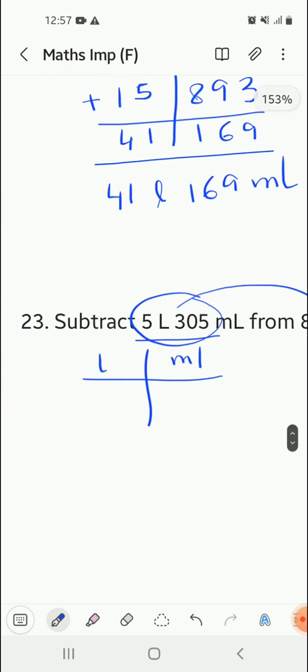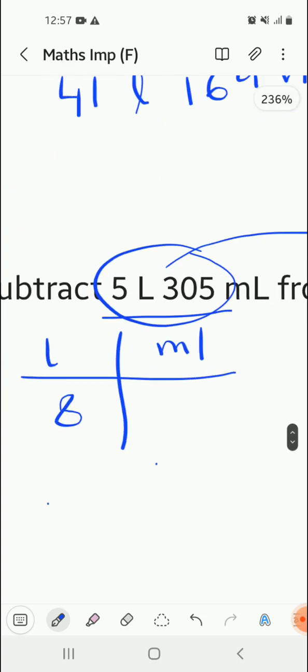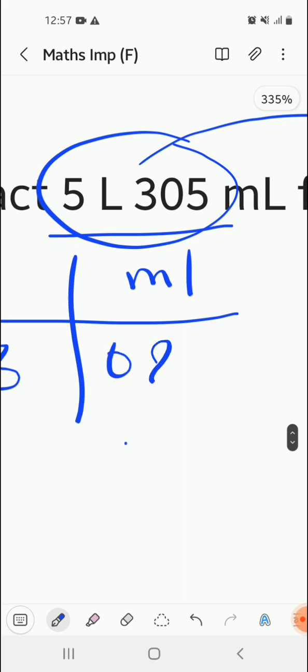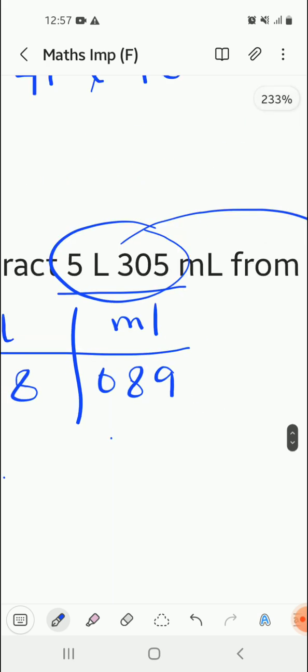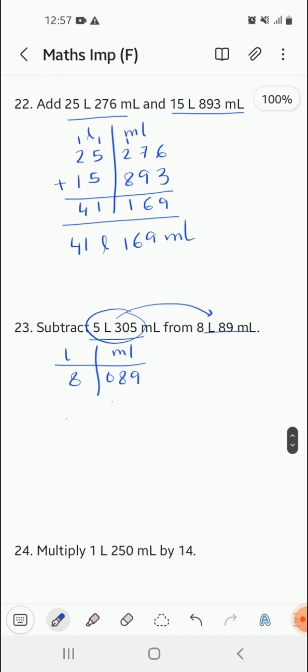So 8 liter 89 ml needs to be written here. 89 actually means 089, because 1000 ml makes 1 liter, so there will be 3 places in ml. Over here it's only given 2 numbers, 89, so 89 is actually 089 ml.